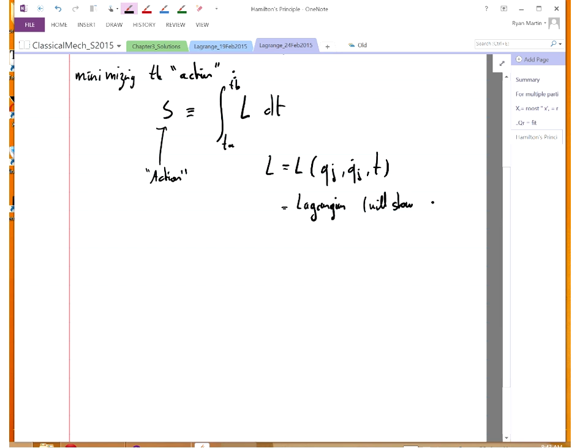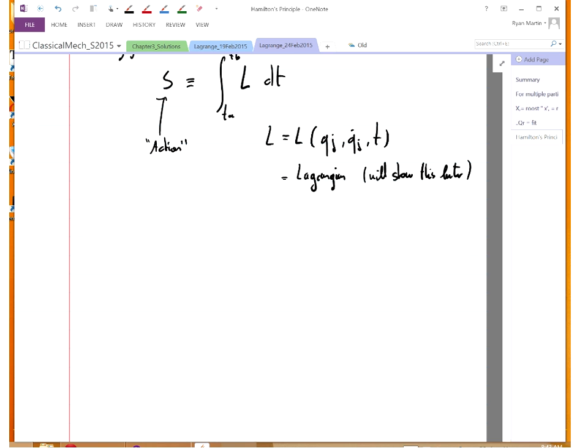We'll show this later, because it seems a little bit arbitrary that just saying T minus V, I take the integral of that, and that gives a stationary value. The condition for that to be stationary gives the equations of motion. That seems arbitrary, right? And it turns out it works.